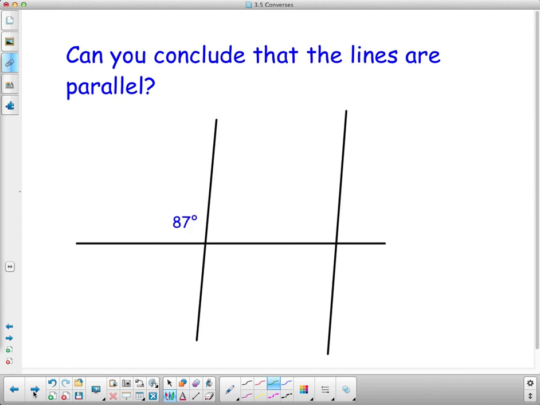All right, how about this one being 87 degrees? Are the lines parallel?